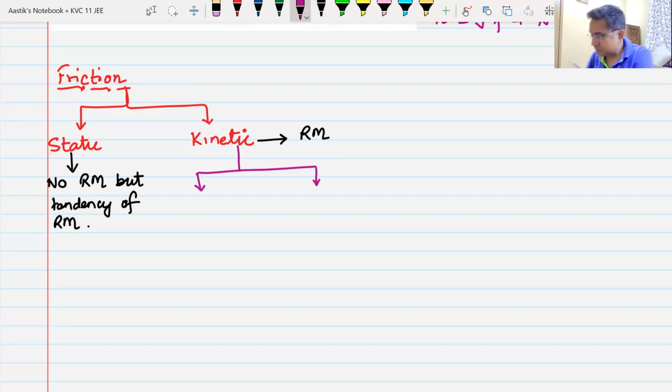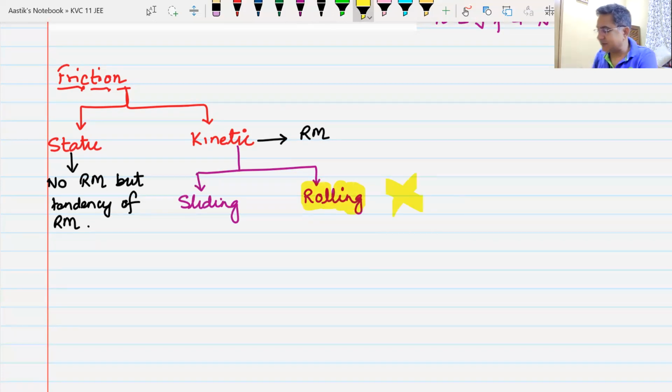Now, in this kinetic friction, we can have two types of friction. The first one is known as sliding friction, and the second one is known as rolling friction. Now, this rolling friction is not in your course, so we will not be discussing it.